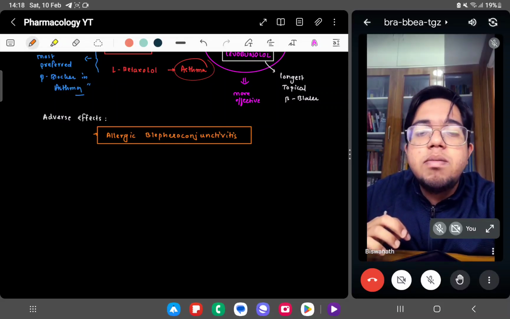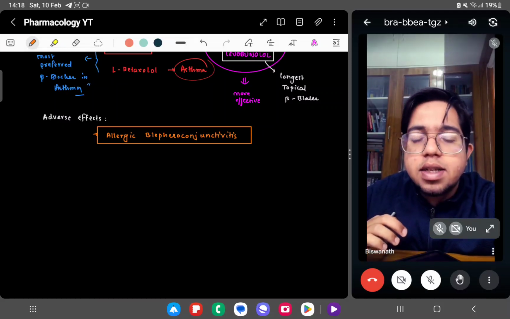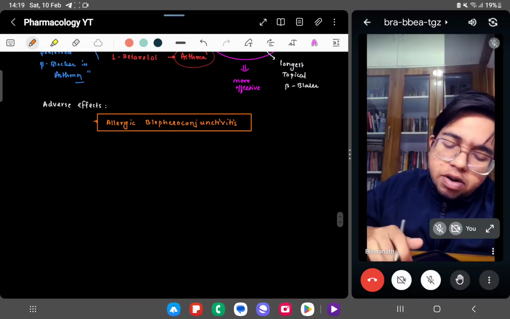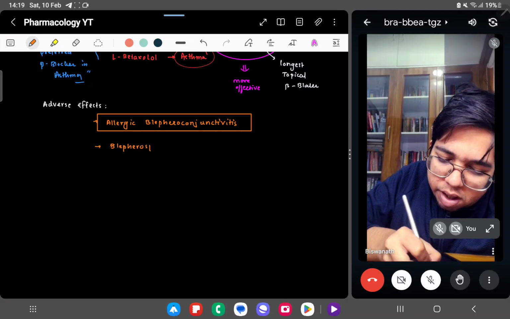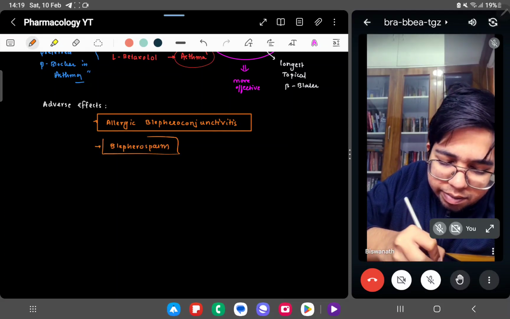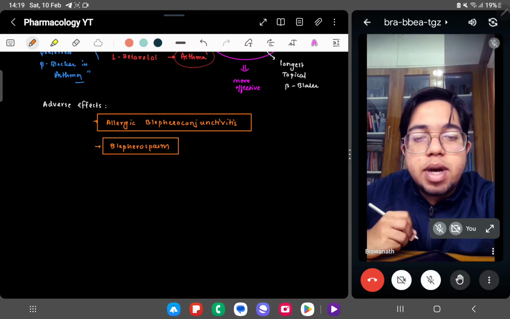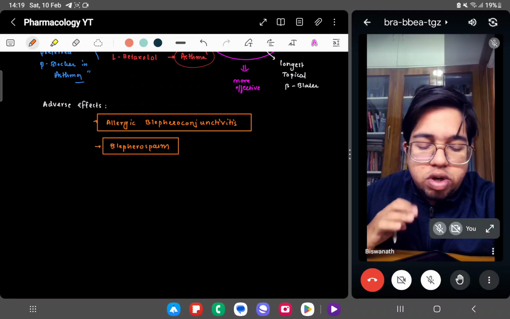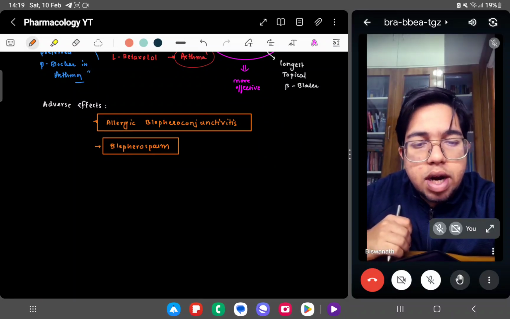It's just a type of allergy, you can just understand that. And we'll see blepharospasm as well. Allergic blepharoconjunctivitis and blepharospasm: these two you can just remember as the adverse effects of beta blocker eye drops.